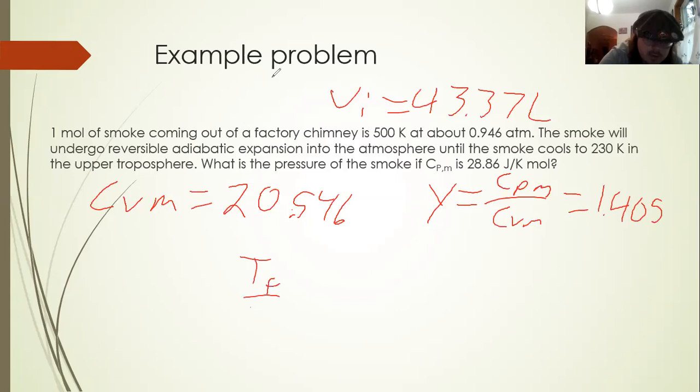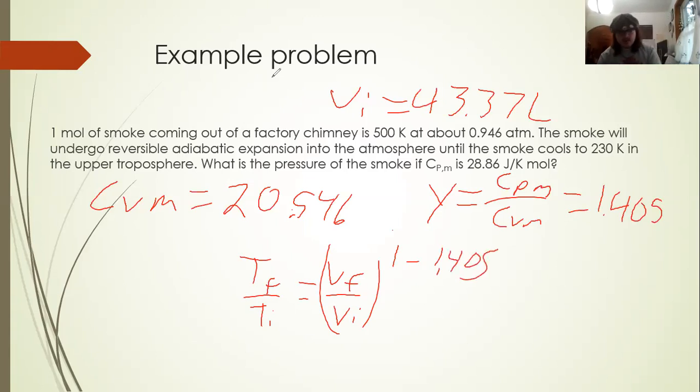Okay, so TF over TI equals VF over VI to the 1 minus 1.405. So 230 divided by 500. You could do the natural log version. So I could take the natural log of that, and I divide by 1 minus 1.405.